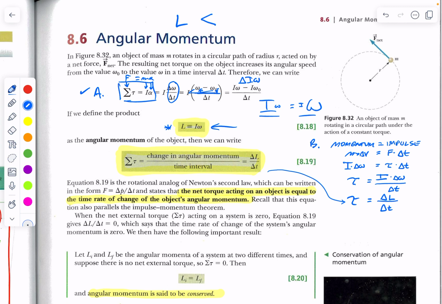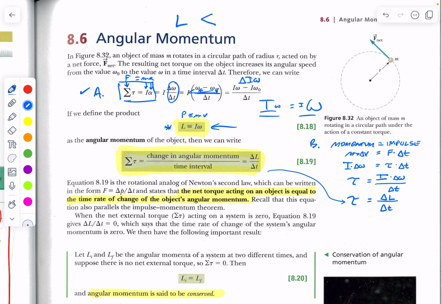So the letter L stands for angular momentum. Just like linear momentum is P, defined as mass times velocity, angular momentum is defined as L, and it's defined as rotational inertia times angular velocity.